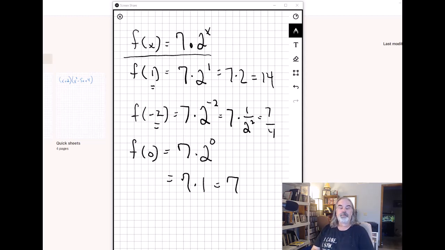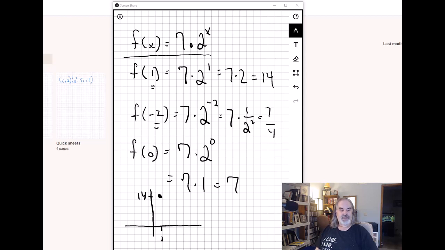Okay. So those are 3 sample functional values, and we could actually use these values to start doing a graph of this function. So if you remember, the graphs of these just either kind of swoop upwards or swoop downwards, like a ski jump ramp, whoosh, like that. It just depends which way it's facing. So if I try to squeeze in a very, very rough draft of this function's graph down at the bottom, well, when x is 1, the function's value needs to be 14, which would be way up there.